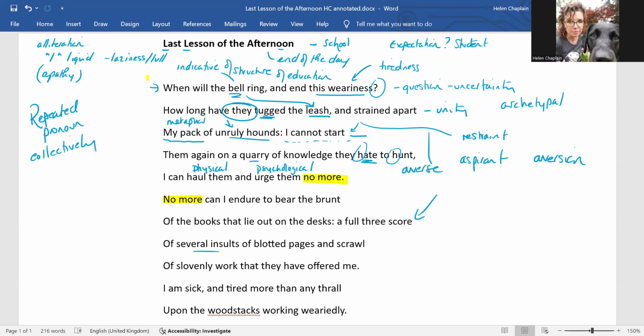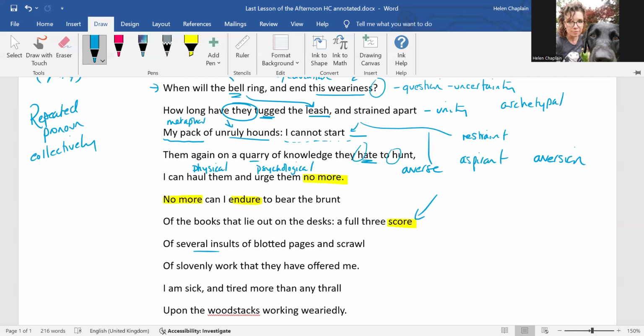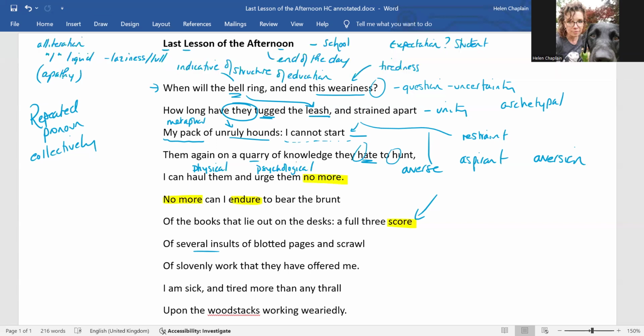And rhyming there, no more, endure and score. The repetition of "no more" is emphasizing his growing resolution or his growing resignation. And I mean resignation not as in quitting a job, I mean resignation as in saying that's me, I'm done, becoming resigned to something.